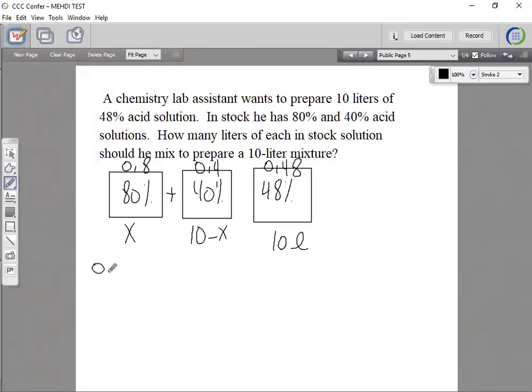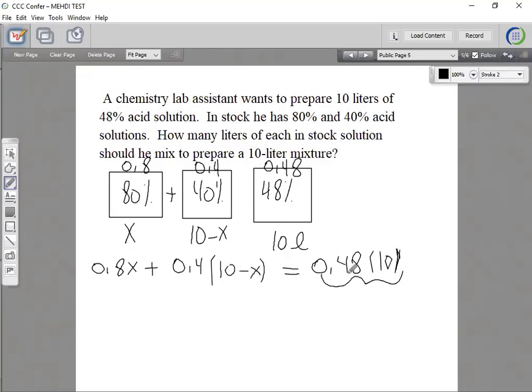It would be 0.8x plus 0.4 times 10 minus x is equal to 0.48 times 10. You can go ahead and multiply these numbers here. 0.48 times 10 gives me 4.8.